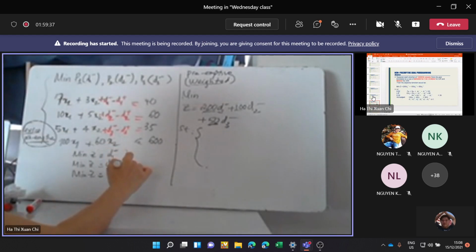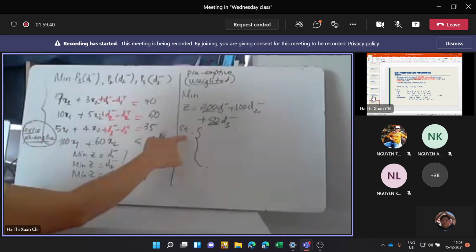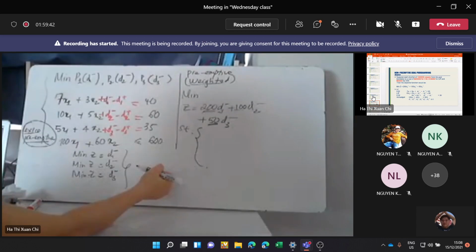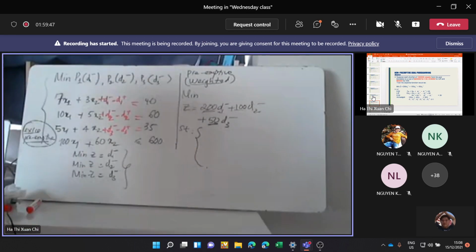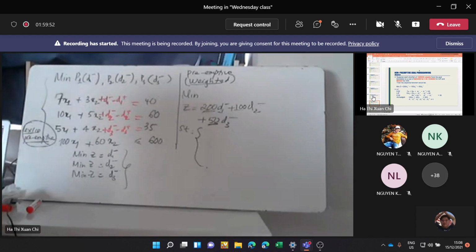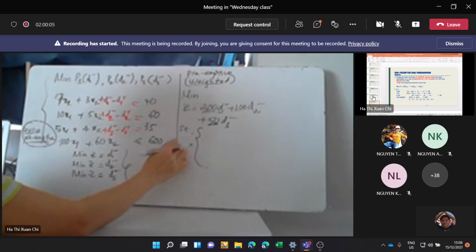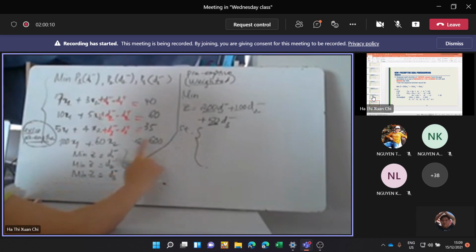So the solution for priorities and the weightage should be different. Everyone, the solution you get from preemptive and non-preemptive is different.